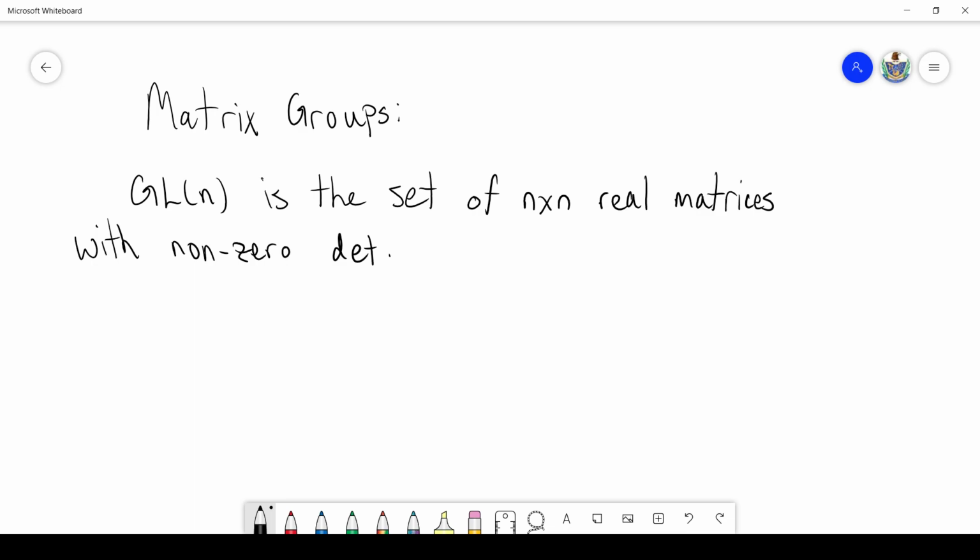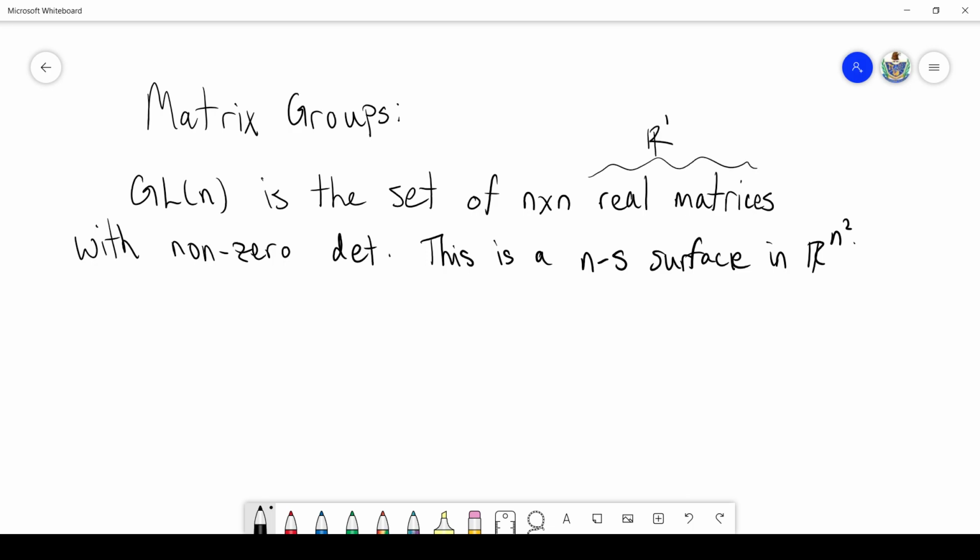And you can show that this is a non-singular surface in R^(n squared), right? Because you consider the space of n by n real matrices as R^(n squared). And you can show that this is a non-singular surface in R^(n squared).